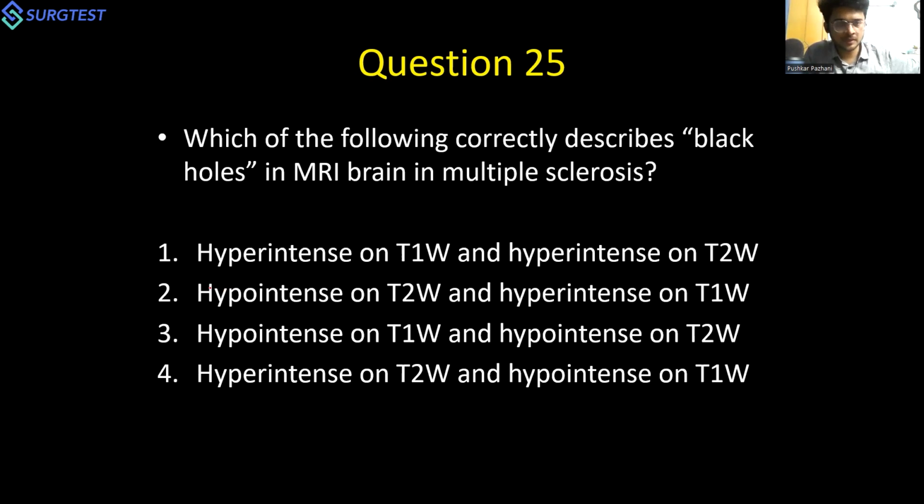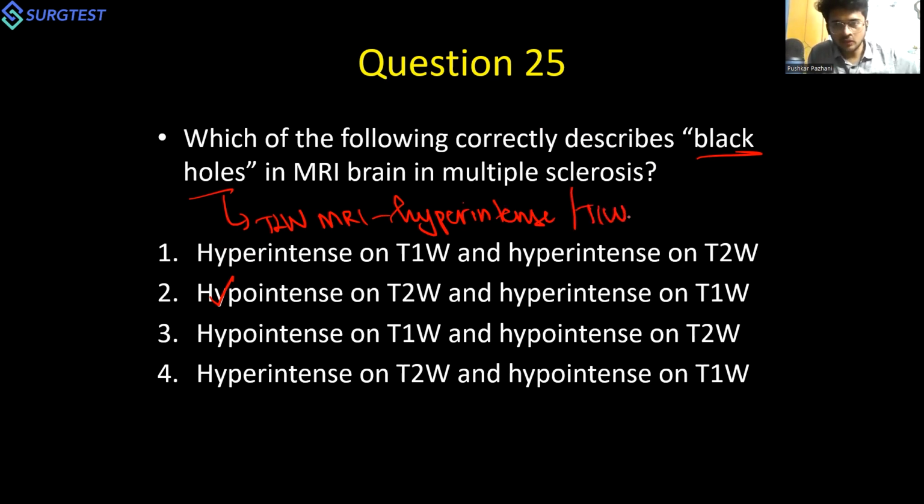Okay, I'm not sure why, but just remember, black holes are nothing but lesions that, although hyperintense on T2 weighted MRI, like most demyelinating lesions, will be hypointense on T1 weighted MRI.